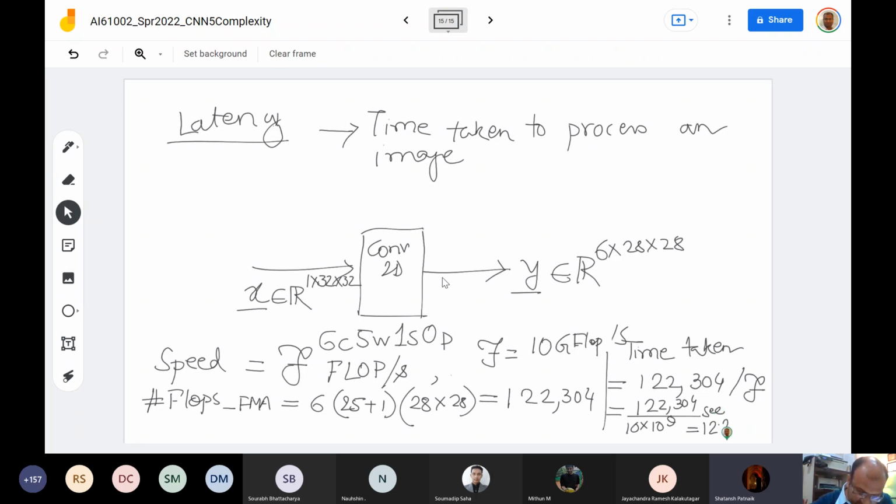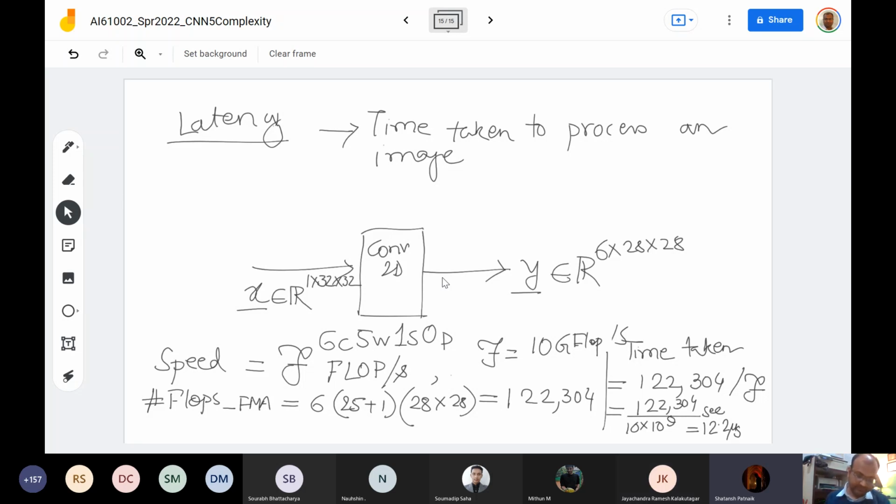So technically, if I am running on a general CPU, for every image, it is going to take about 12.3 microseconds of time to work. Okay, is that clear?